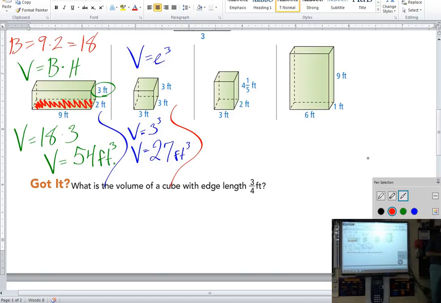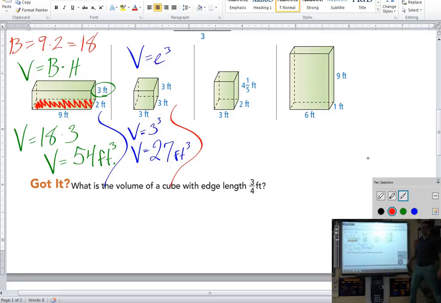Now, when we have rectangular prisms, make your life easy. Because I can set my rectangular prism like this, and the bottom is my base. I can set it like this, and the bottom could still be my base. I could set it like this, and the bottom could still be my base. Because it's a rectangular prism, every face is a rectangle.